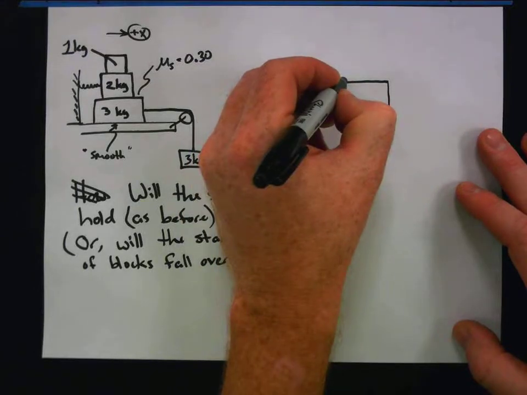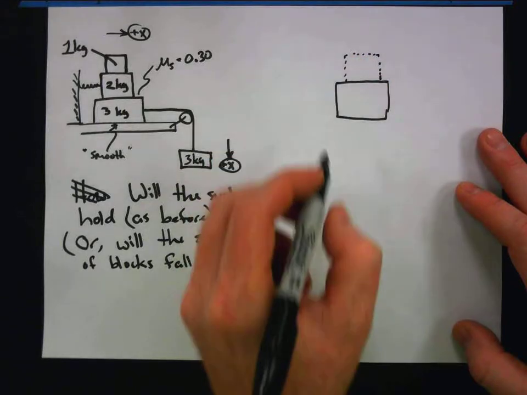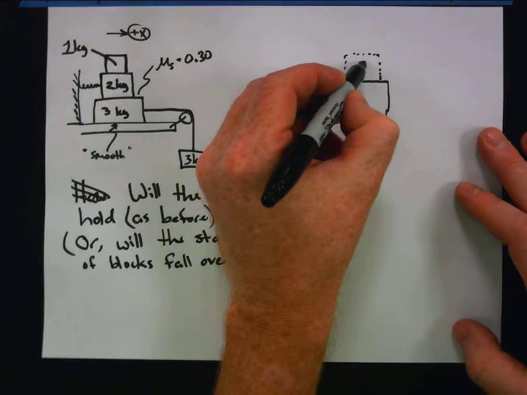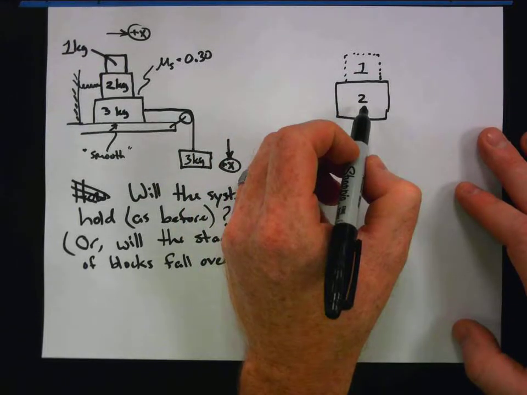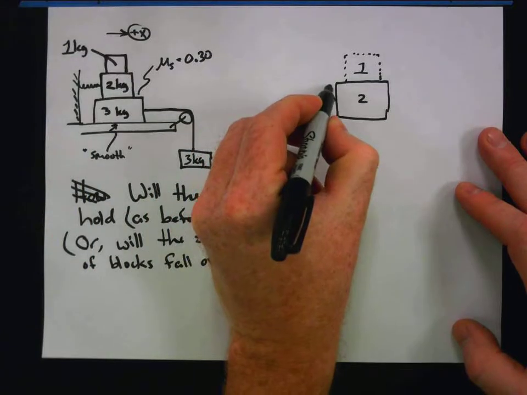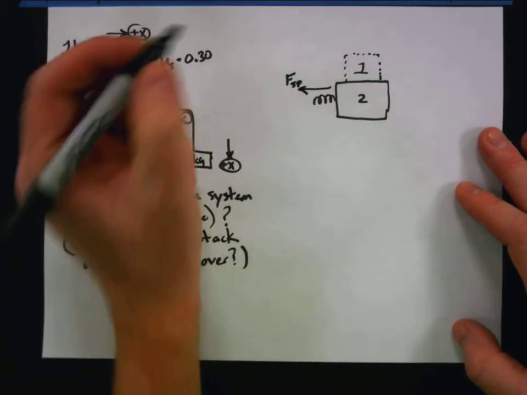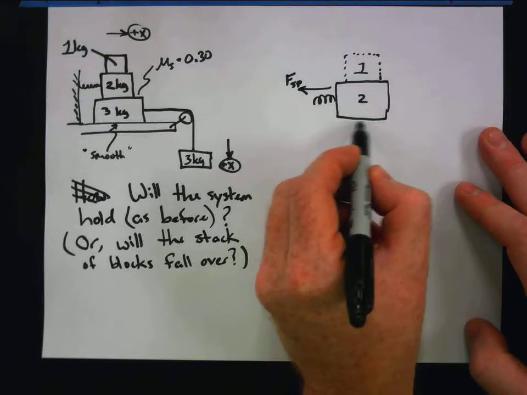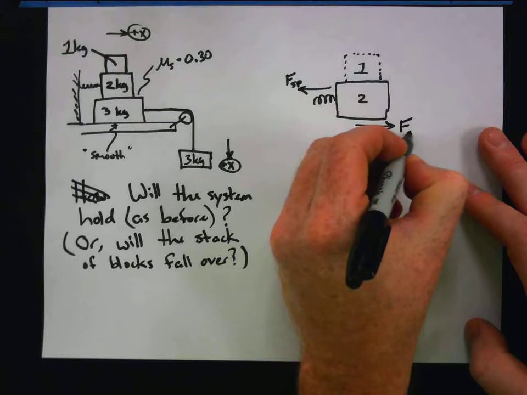There is this other block on top of it, right here. And I don't want to forget that guy. But if I just label these block 1 and block 2, and that works because it's 1 kilogram and 2 kilograms, I have a spring force pulling this way. Force of a spring. I have a force of friction here at the bottom surface of block 2. Force of static friction.